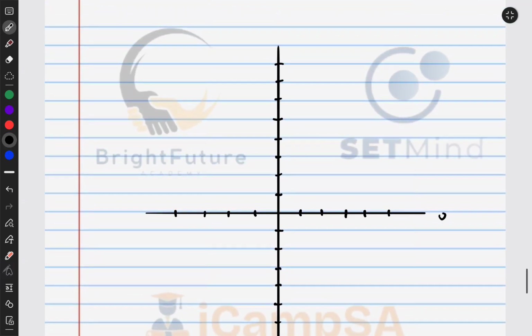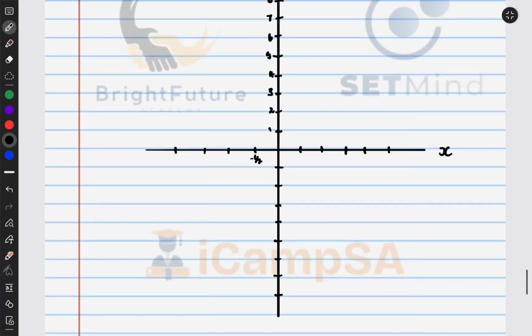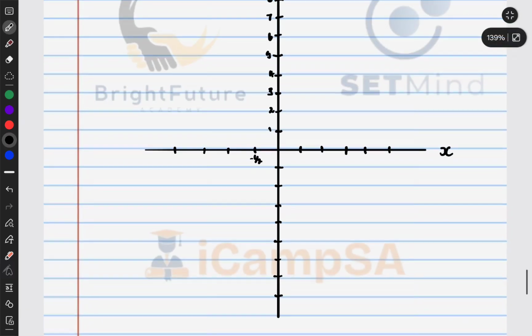This is our x and y axis. We have 1 2 3 4 5 6 7 8. Let's use the halves here: negative half, negative 1, negative 3 over 2, negative 2, negative 3, negative 4, negative 5, negative 6, negative 8. We have 1 over 2, 1, 3 over 2, and 2.